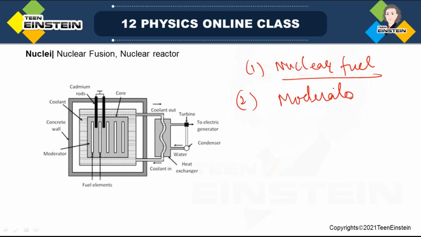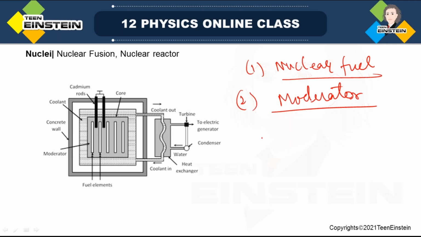We have seen that during the fission reactions, fast neutrons are produced, and what is the desired role of the fast neutrons? They will ignite another uranium or another fissionable material.